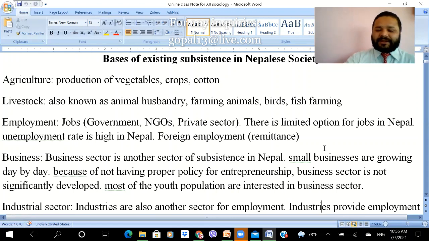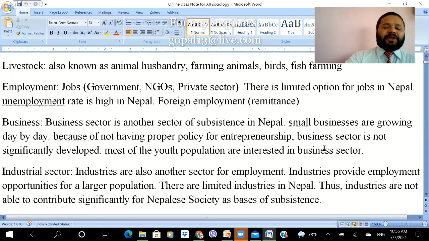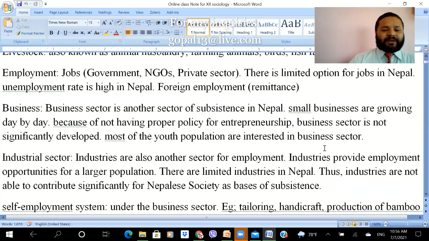Okay, and the industrial sector is very minimal in practice, because people are not that confident in the production sector, as they are more involved in the service sector and all. So industrial development has been lacking in the Nepalese context, but still there are certain small industries or a few large industries that have been invested in by some elite group of Nepalese people.